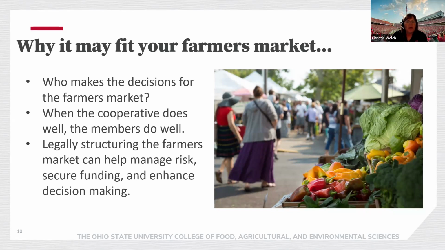And so it was a way to help manage some of the risk, not only for the individual vendors, but more so for the board of directors and the broader membership of the market. And one of the discussions we had early on a lot was we had insurance for the farmers market, but it covered the farmers market. It didn't cover individual vendors. And so that's a distinction that we had to make as well. But again, really helped us manage that risk.